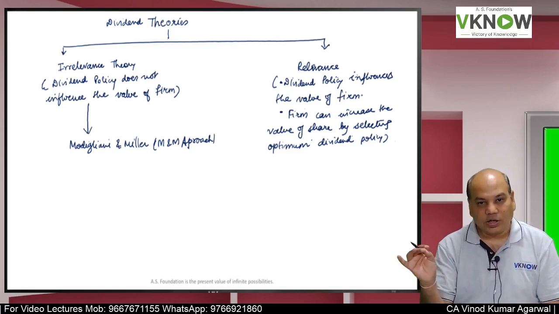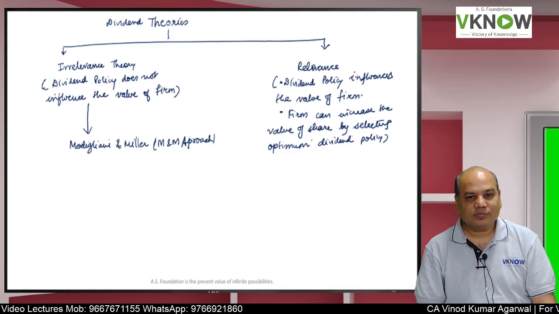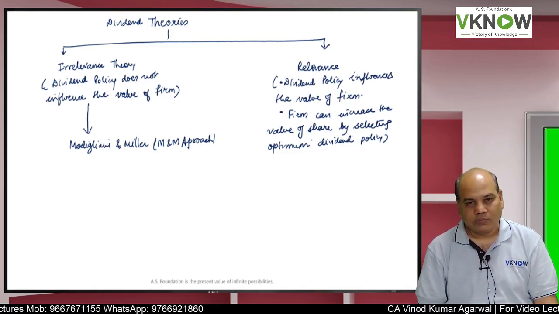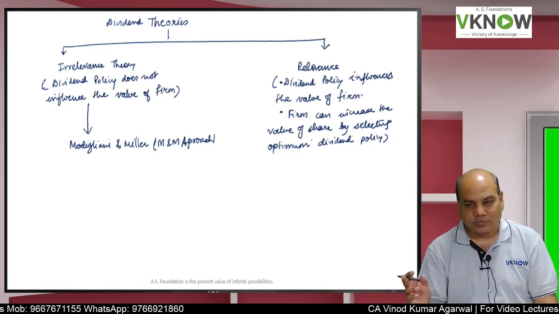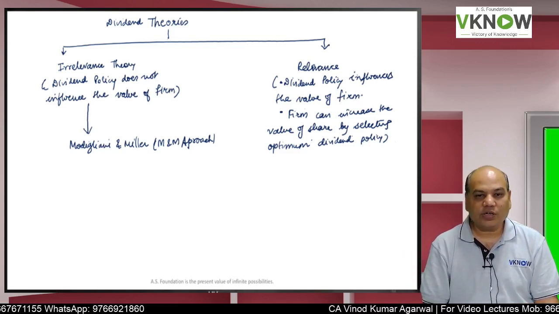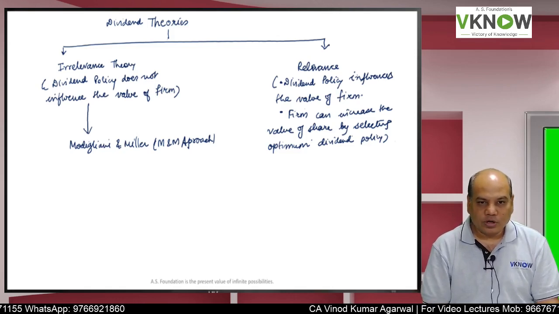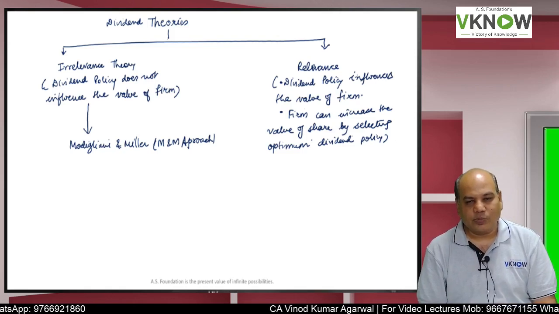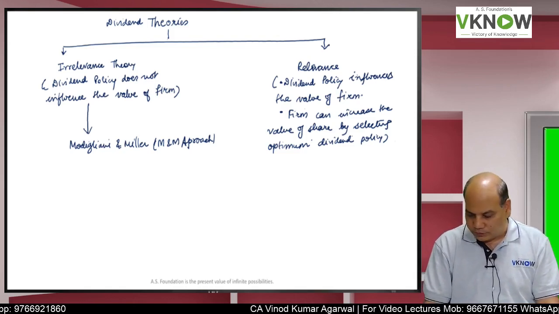By changing the dividend policy, the value of the firm will not change. Value of the firm will remain same. So in order to increase the value of the firm, you have to increase the earnings, not change the dividend payout ratio, because that will not help you in increasing the value of the firm.